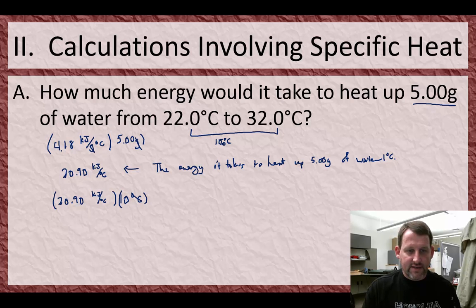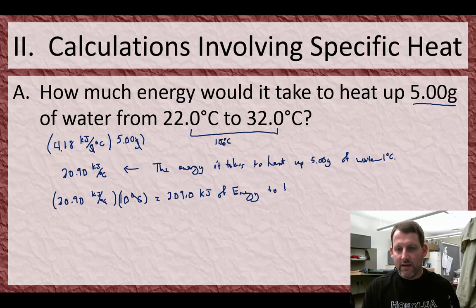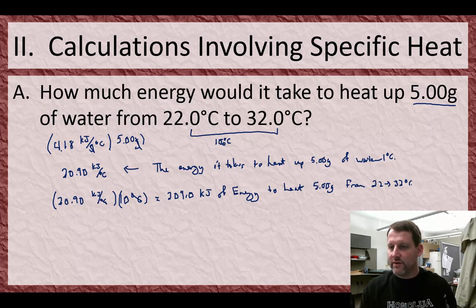Notice here the degrees Celsius and degrees Celsius cancel, and that means I'm going to need 209.0 kilojoules of energy to heat 5.00 grams of water from 22 to 32 degrees Celsius.